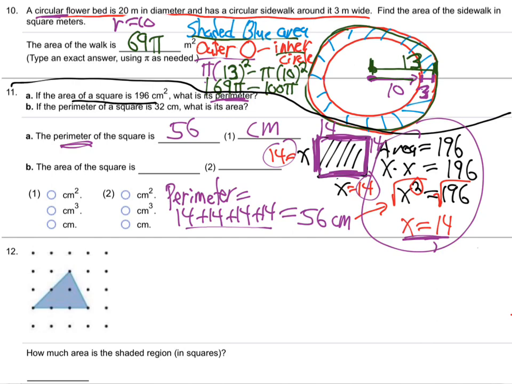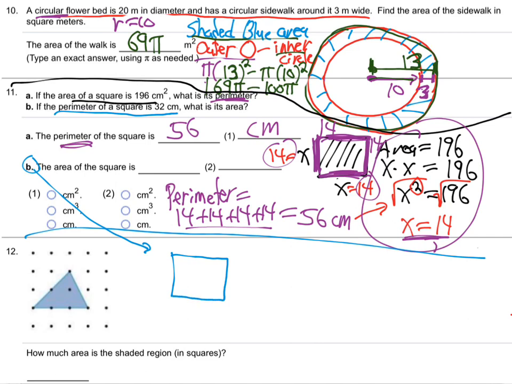Part B, coming on down here, says the perimeter of a square is 32. So saying, okay, we've got some kind of square, and the 4 sides, perimeter, is 32. How can we find the area?